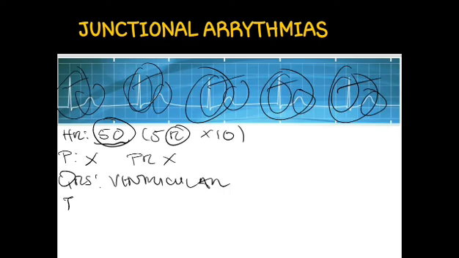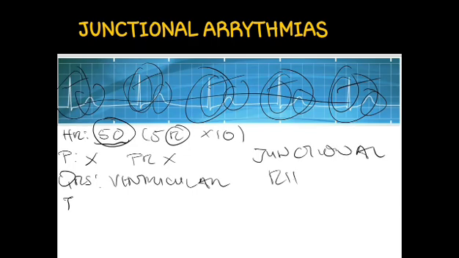Okay. So what happened with your junctional arrhythmias? Meaning, guys, if your patient is having a junctional arrhythmia, the rhythm is called junctional arrhythmia or junctional rhythm. Okay, so meaning your SA node did not fire an impulse.